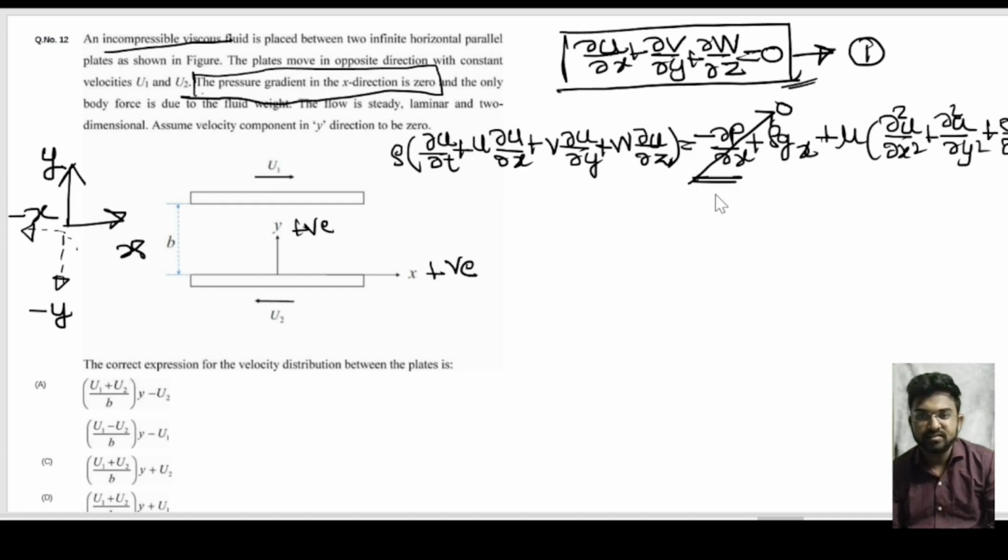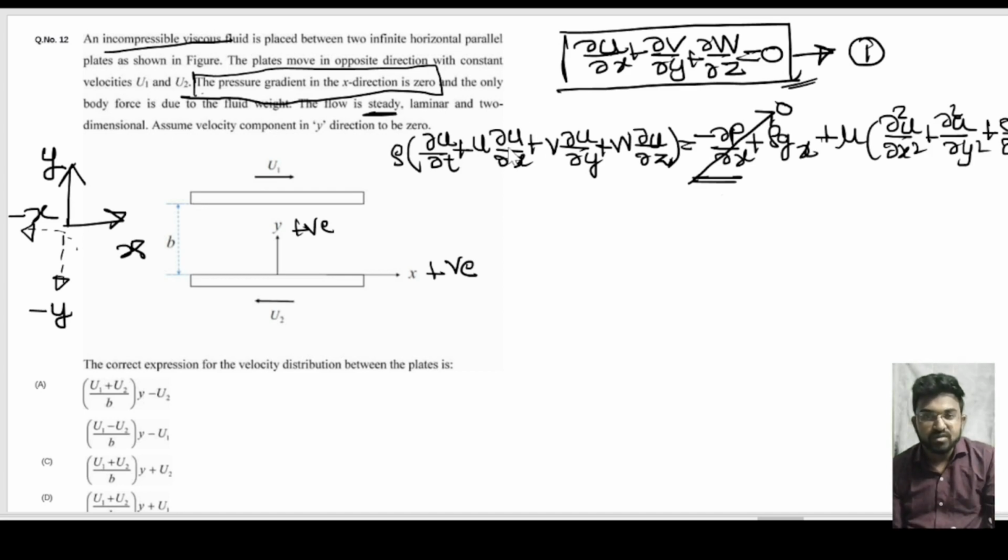So this term will be 0. And the only body force is due to the weight, but that doesn't matter. The flow is steady, and this is very important. Steady means the properties of a fluid are not changing with respect to time. So properties of the fluid like density, viscosity and kinematic viscosity are all constant with respect to time.